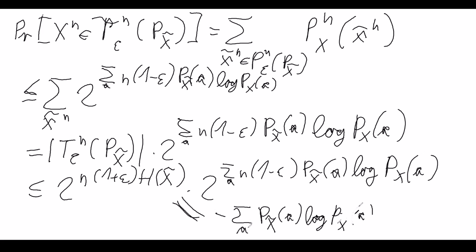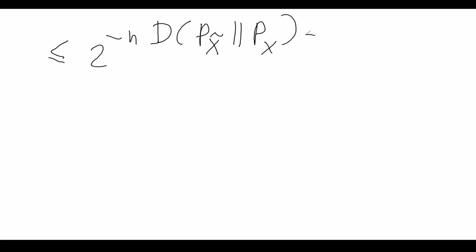That's just the definition of the entropy. If you now put everything together and sum this up, then you see immediately that we can estimate this by 2 to the minus n times the relative entropy between Px̃ and Px, plus epsilon and some remainder r. So exactly that is the proof.